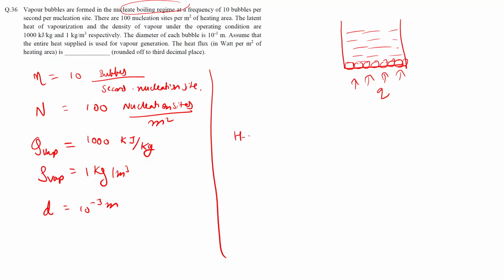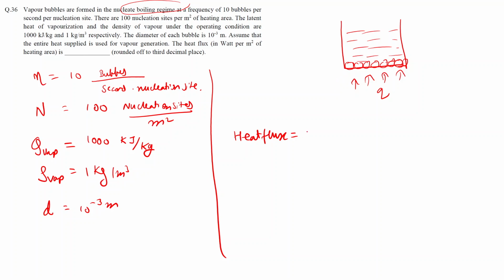So basically the heat flux, we can write this as, see, here we are providing heat and then the bubbles are formed over here. So basically these bubbles will be having this latent heat of vaporization, and that will be used for further boiling of the liquid.